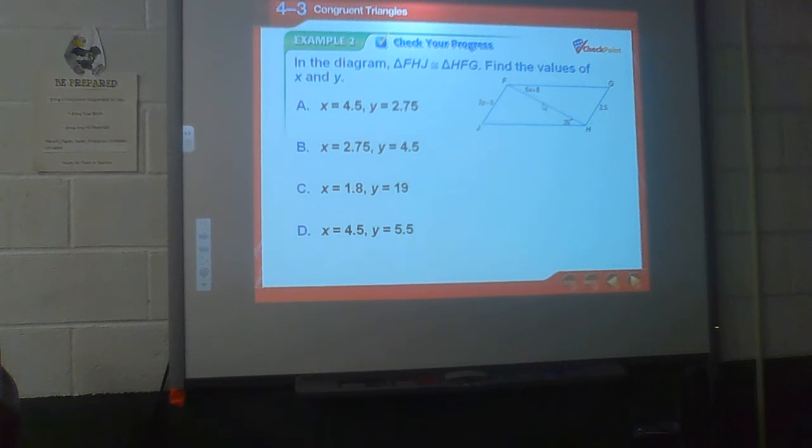So here's the next question. Is this line right here parallel to this line right here? Do I know that for certain? No. Now in all honesty, this looks like a parallelogram. If they told you that this is a parallelogram, then we could know that this is parallel to this, because of the definition of a parallelogram.